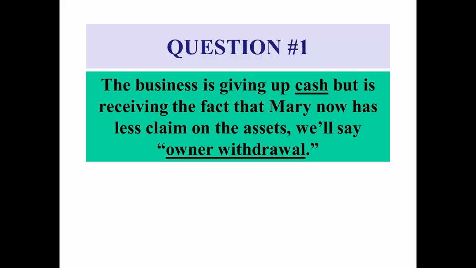The business is giving up cash. The business is paying cash out. Okay? But it's receiving the fact that Mary now has less claims on the asset. And just like an owner investment, rather than try to delve deep into that, we're just going to call it owner withdrawal.